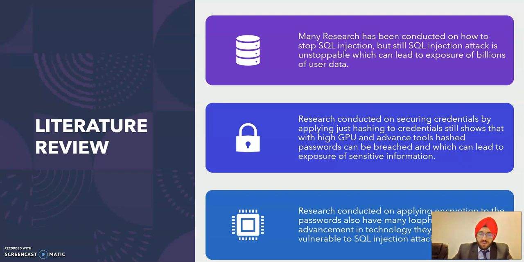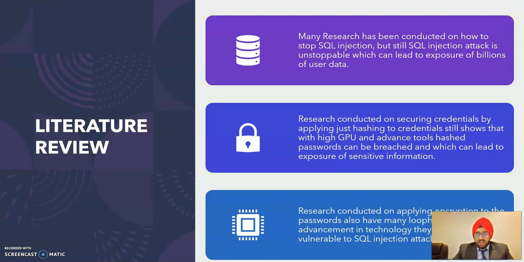So researchers focused on AES encryption, which has been found to be the fastest and the safest to apply on the password. AES is also a symmetric key cryptography in which only one key is used. There are many encryption methods available, but it was found that AES is the best, and DES, 3DES, and RSA are very vulnerable to attacks.